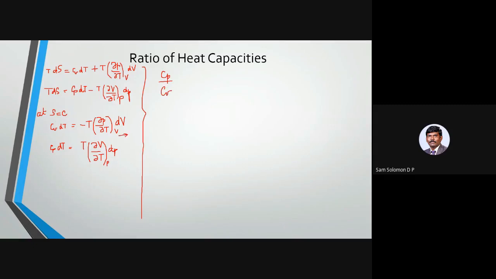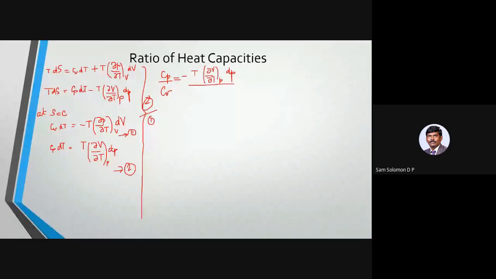So if I call this equation 1 and this equation number 2, now what I'm doing is 2 divided by 1. That is what I'm doing. So Cp by Cv will be equal to T times partial V by partial T at constant P into dP, and there is a negative sign in the denominator, so let's take that as common.